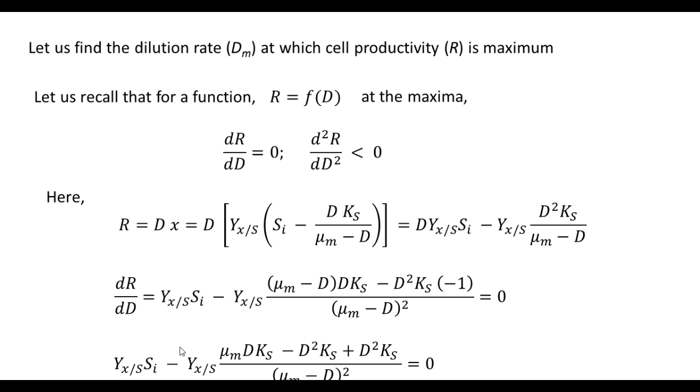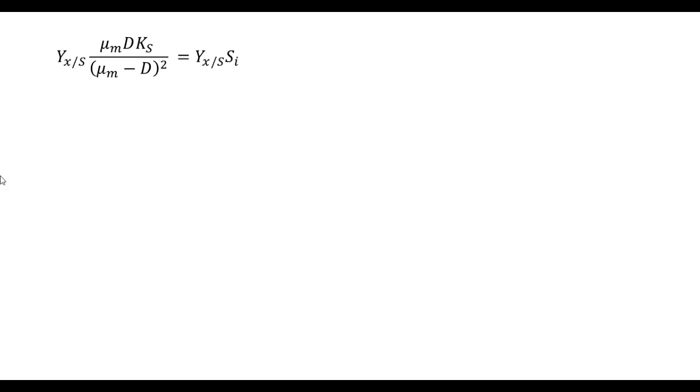Therefore, we get Y_XS Si minus Y_XS, this is just grouping the terms appropriately, mu m 2D Ks, which is the first term, minus D squared Ks plus D squared Ks, these two are going to drop out, times mu m minus D squared equals 0, and that is what we have here. This is just transposed to take one term to the other side.